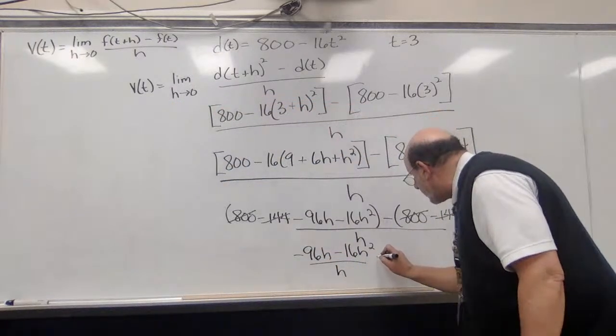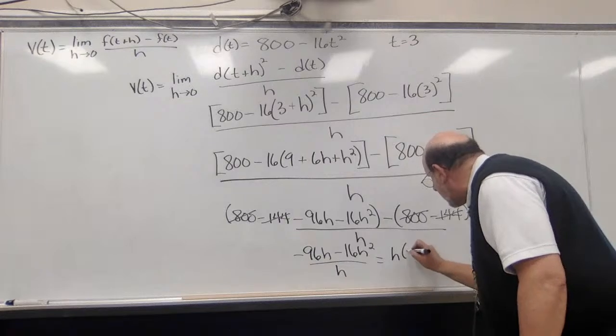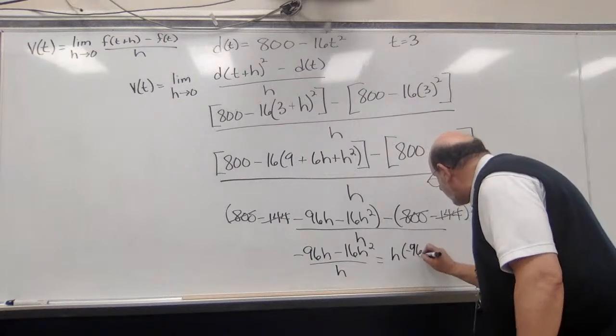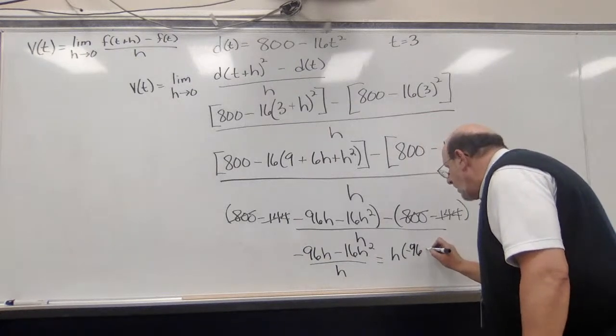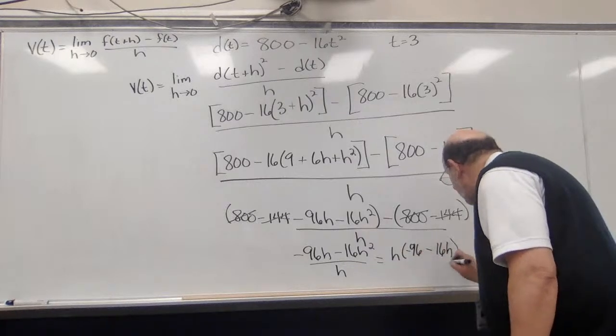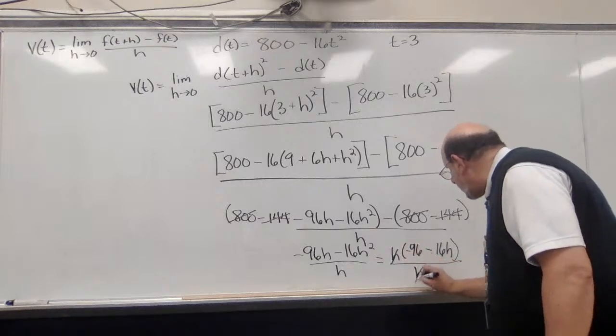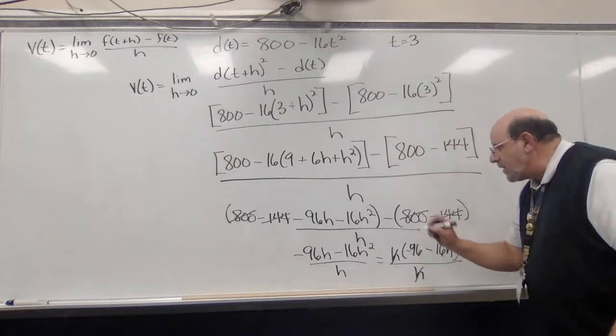If I factor out an h, which is what I want to do, I get h times negative 96 minus 16h, all over h. And I can cancel this out.